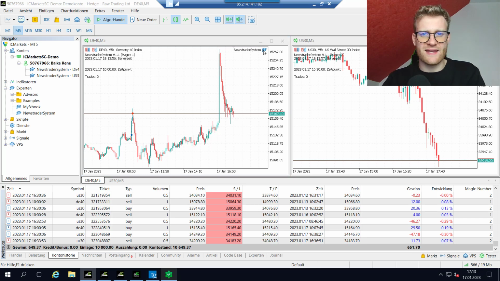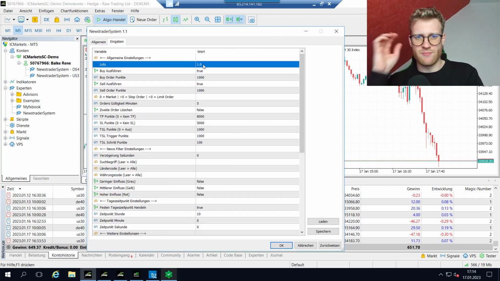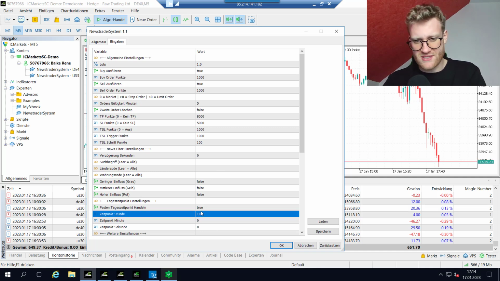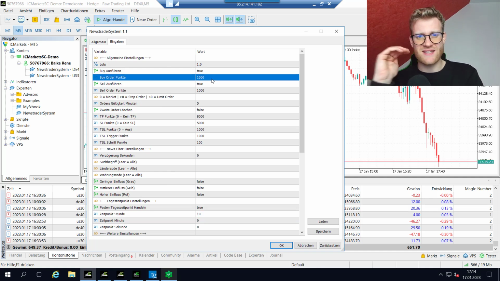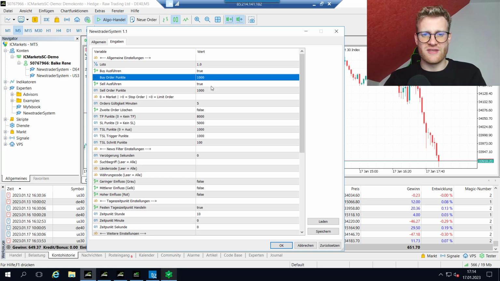Maybe first of all, I can explain the settings one more time. It's really simple. I just trade a fixed lot size, and at market opening, for example, here on this broker, it is 10 o'clock in the morning. I just take the price at this specific point in time and add 1,000 points, or 10 index points, above it for the buy stop and below it for the sell stop.